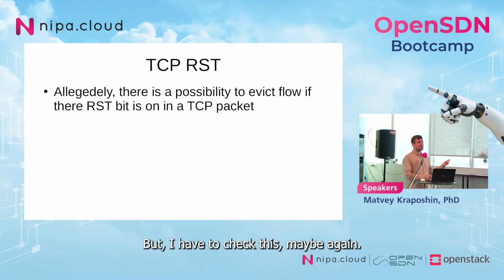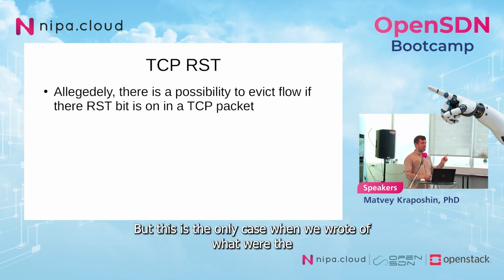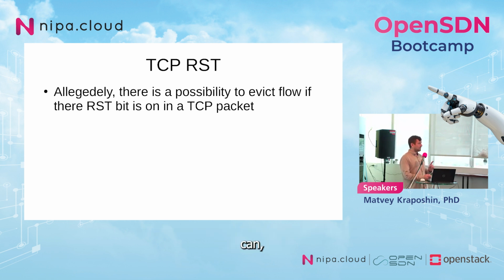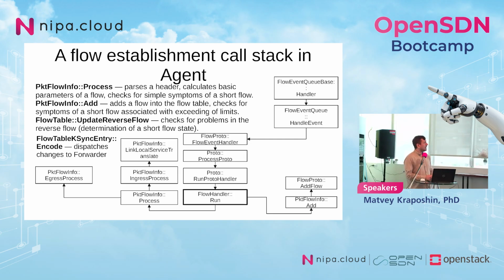But I have to check this maybe again, but according to the source code, looks like vRoute forwarder can do this. But this is the only case when vRoute forwarder can interrupt flow without consultation with agent.